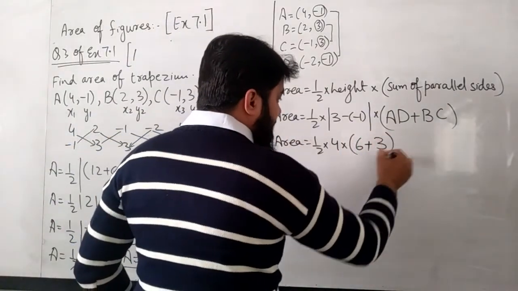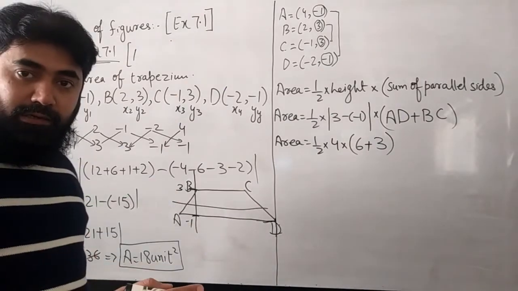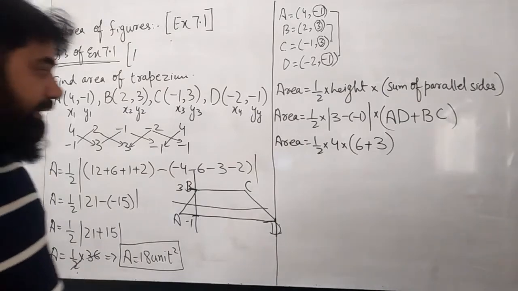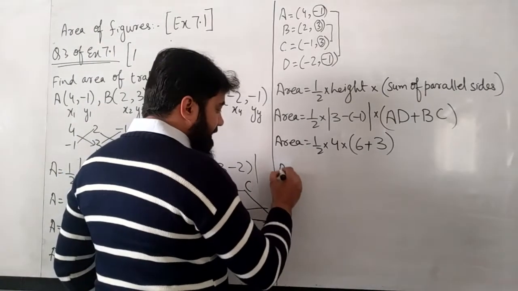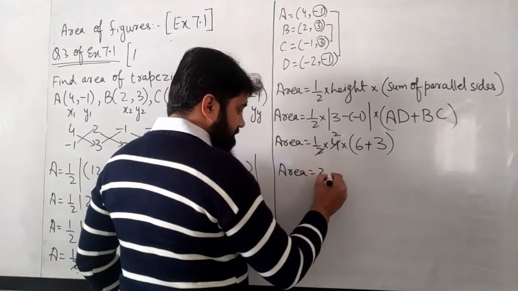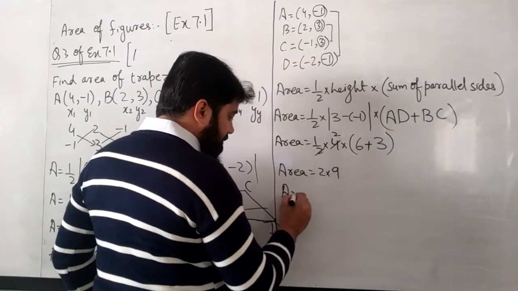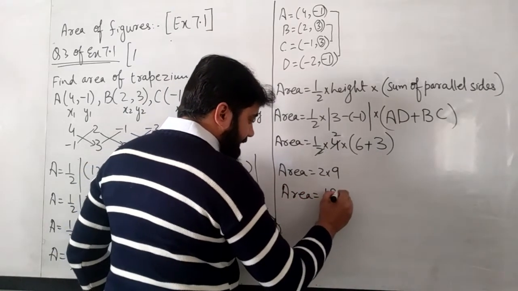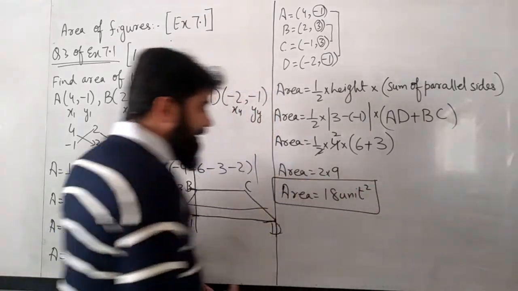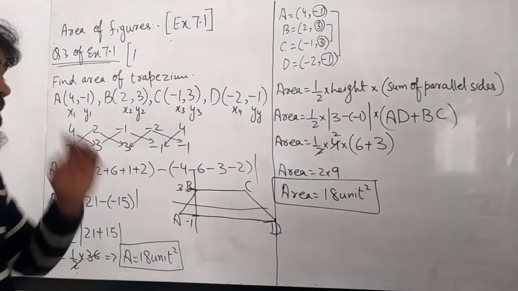You have to apply the distance formula to find AD and BC, and then solve it. The 2 and half cancel, 6 plus 3 is 9, so area equals 18 unit square, and 18 unit square is over here also.